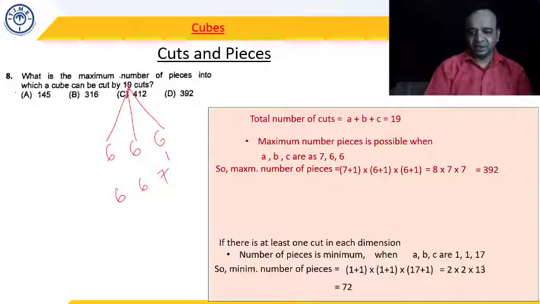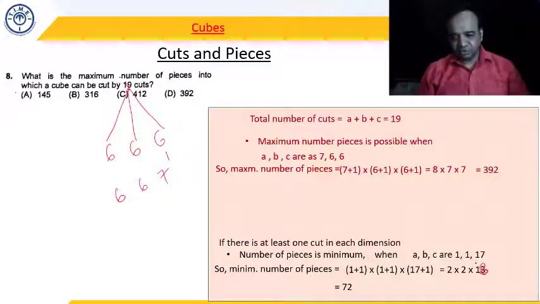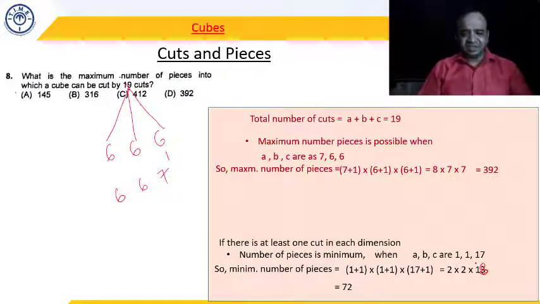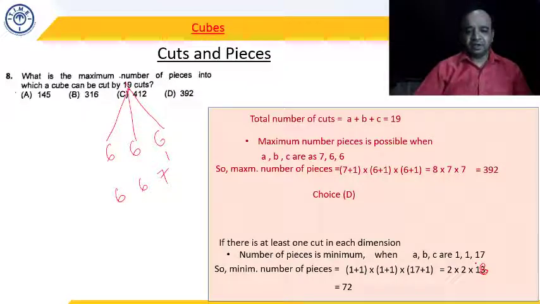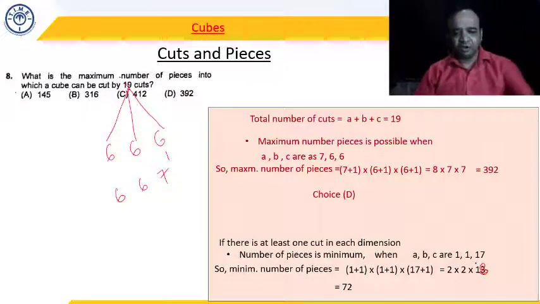The minimum number of pieces is 72, and this is 18 actually, not 13, this is 18. So 2 into 2 into 18 is equal to 72. If this is the question asked here for the minimum, then its answer would be 72. But we had the question for the maximum, so our answer obviously was D for this question. I hope this is clear to all of you.